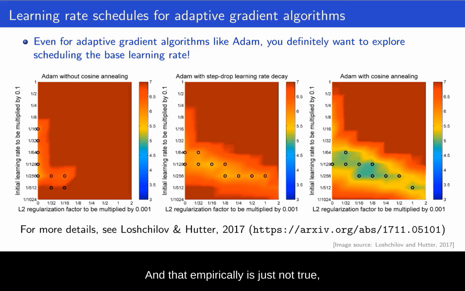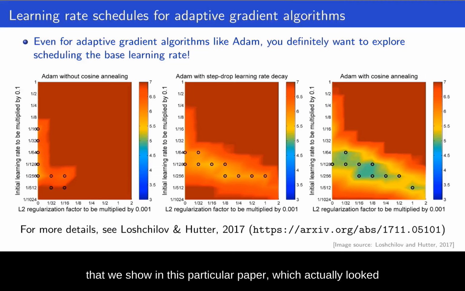And that empirically is just not true, as we showed, just as a tangential finding, in this paper of ours that is a follow-up paper to the SGDR paper in which we look at decoupling weight decay.